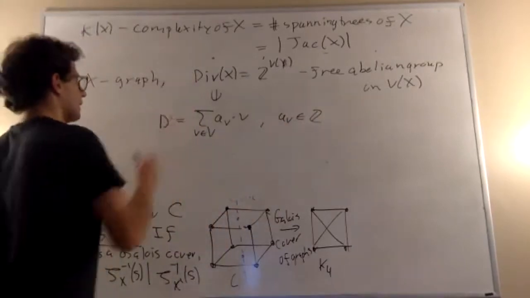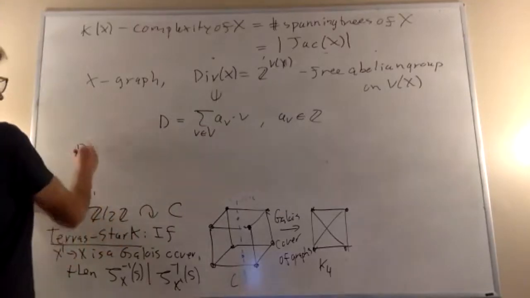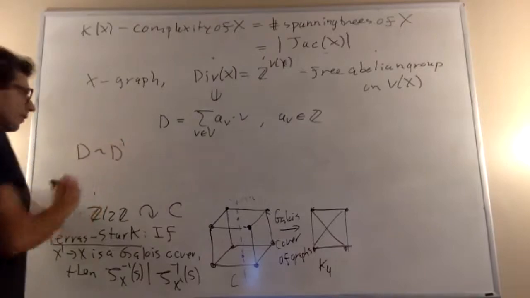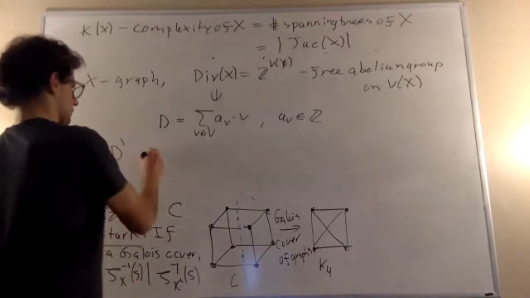And we define two divisors to be linearly equivalent if they differ by what are called chip firing moves.